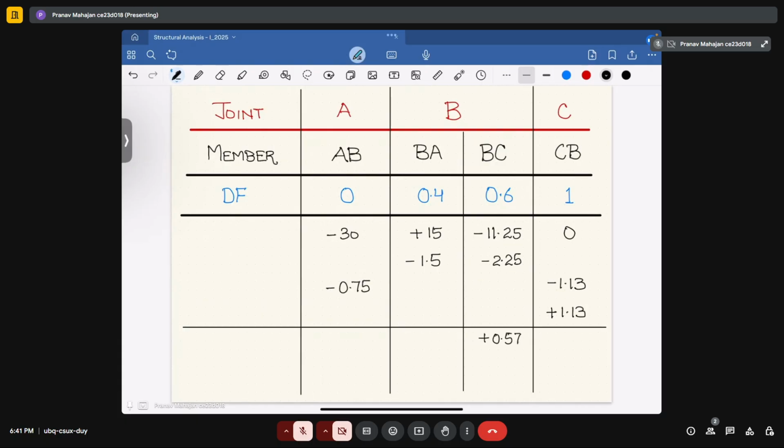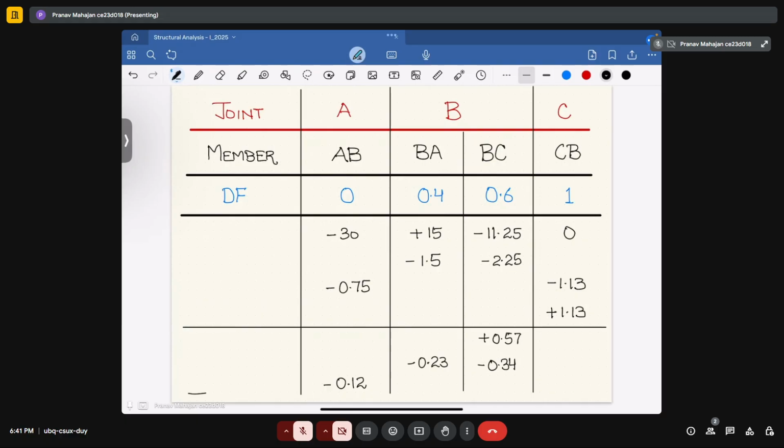Okay, so now this 0.57 can be distributed as 0.228, or you can say minus 0.23, and here it will come as minus 0.34 in the equation, and their corresponding carryover values will be 0.12, and here also it will come as 0.17.